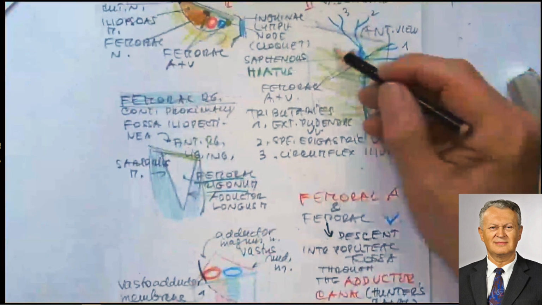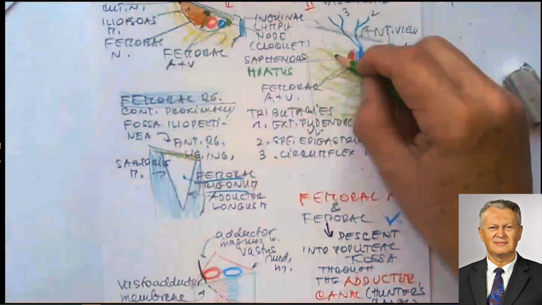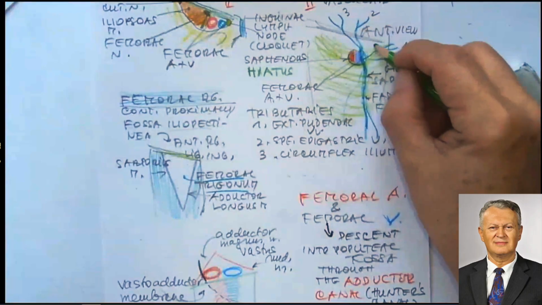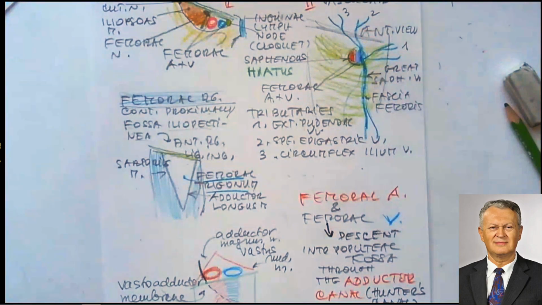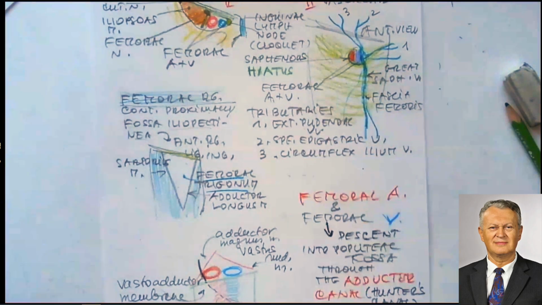In the anterior region, we see the fascia lata, fascia femoris, which has the opening, the saphenous hiatus, for the biggest structure found in the subcutis, the vena saphena magna, the great saphenous vein, which receives the tributaries, as we said.